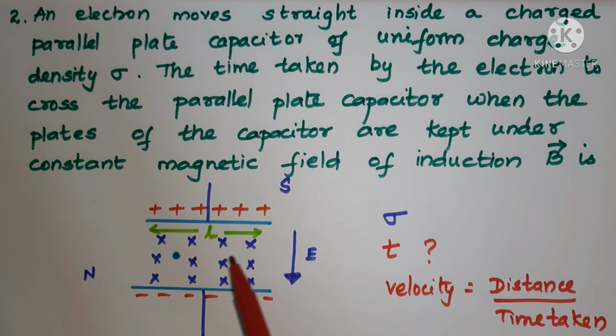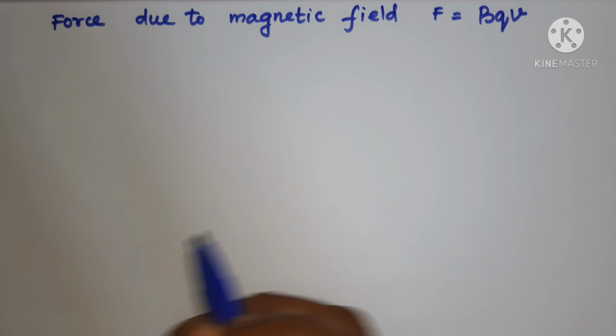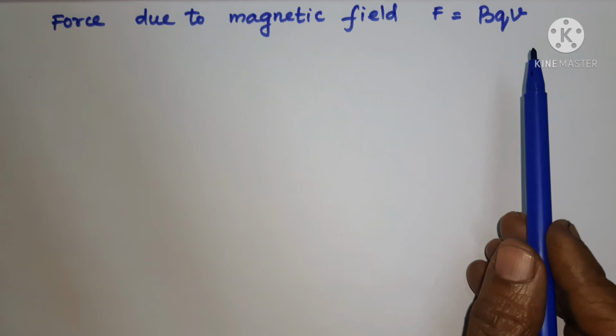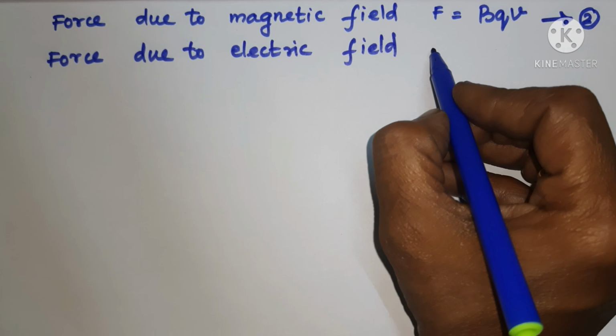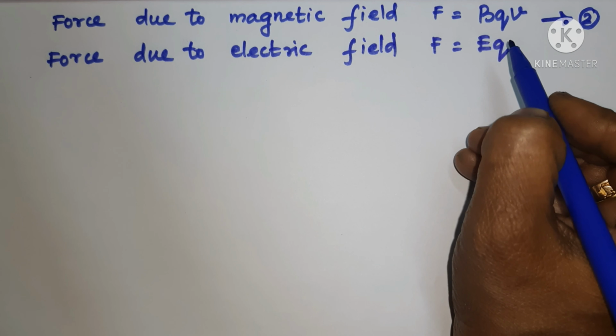Now the electron moves in a straight path when it is subjected to both the electric field and the magnetic field. Under the balanced condition, it is moving in a straight line. The force due to the magnetic field is F is equal to BQV. The force due to the electric field is F is equal to EQ.